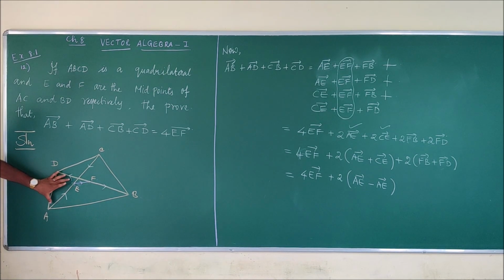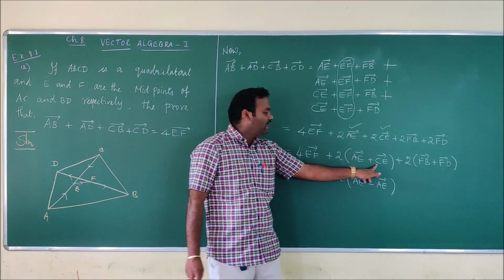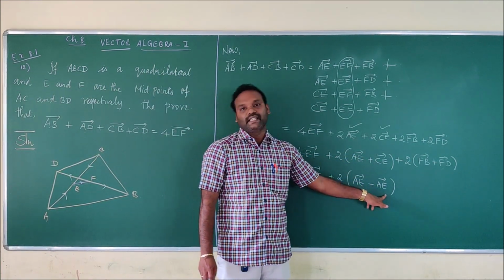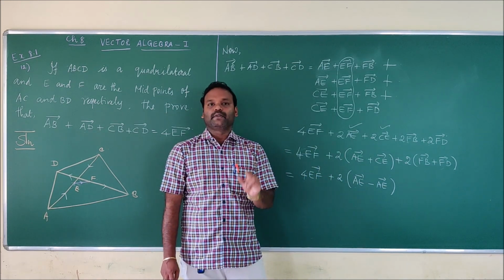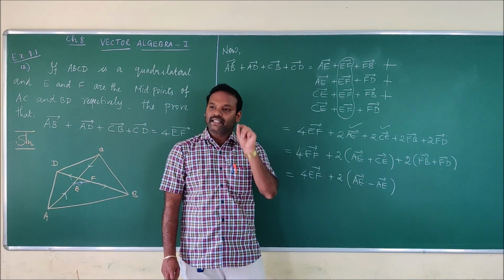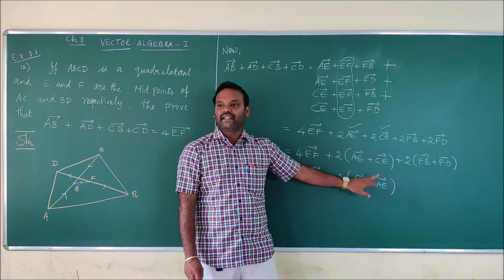AE is in this direction and CE is opposite to that direction. So CE vector is equal to minus AE vector, since they are equal in magnitude but opposite in direction. That opposite direction is indicated by the minus sign.